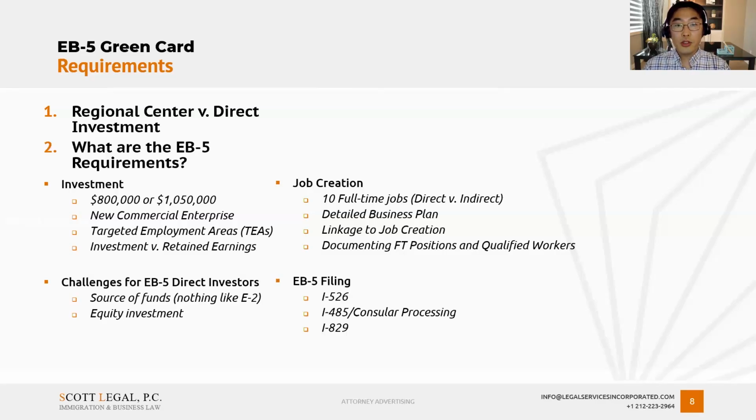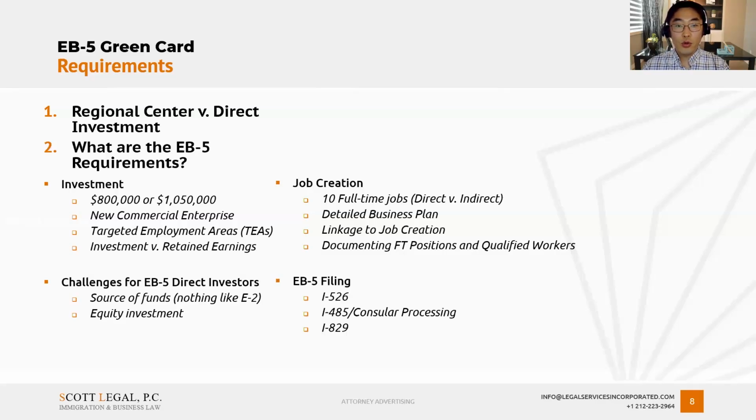One of the biggest challenges for EB5 investors is documenting the source of the funds. E2 cases also require source of fund evidence, but EB5 source of fund documentation is usually much more detailed and demanding.